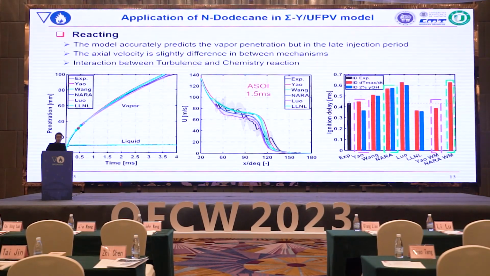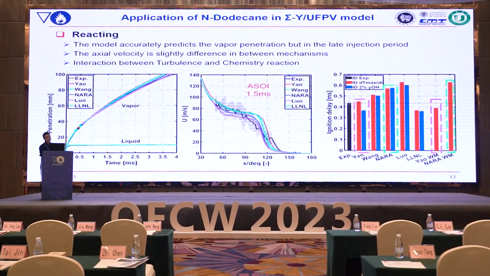And then we apply these models in DDM under the reacting condition. First we compare the vapor penetration and liquid penetration, and then we compare the 3 axes with the 5 different mechanisms.